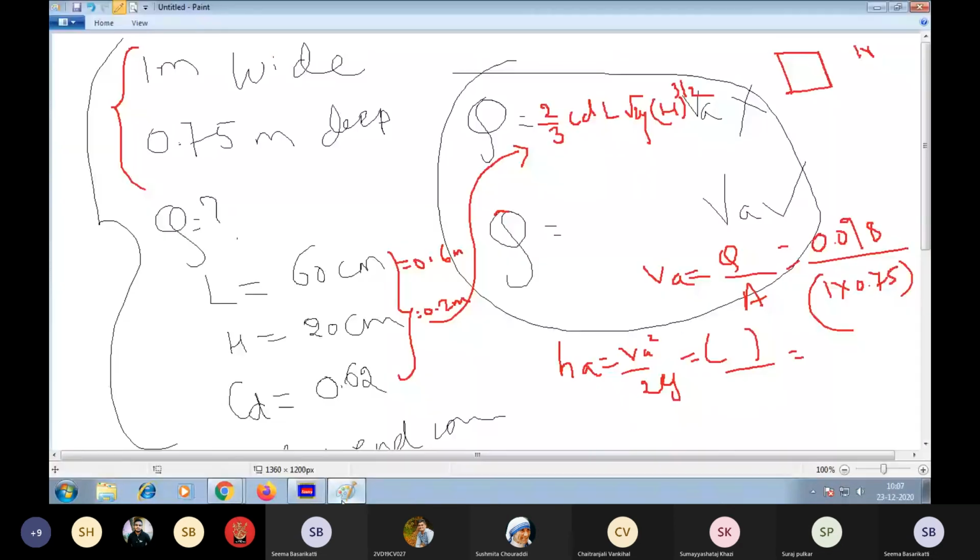What is the value of additional head? 0.13 square divided by 2 into 9.81.